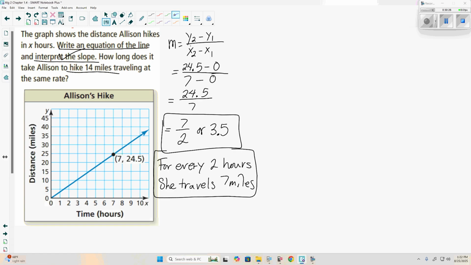Now for this one here, I'm going to use point slope. Yes, we could use point slope form or slope intercept form because we do have the y-intercept, we do have the slope. Let's just say we use this here. Well, our y1 we can say is 24.5.